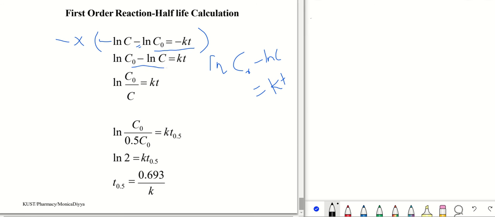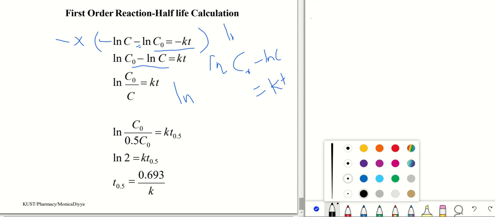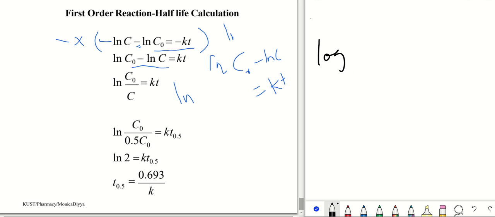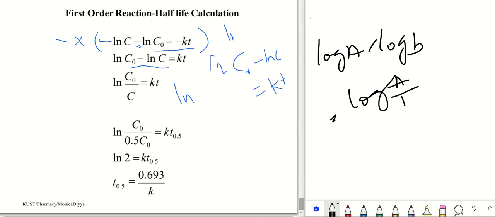So, integration just like this. What is log a minus log b? Log a by b, right? Similarly, integration of c naught by c is equal to kt.